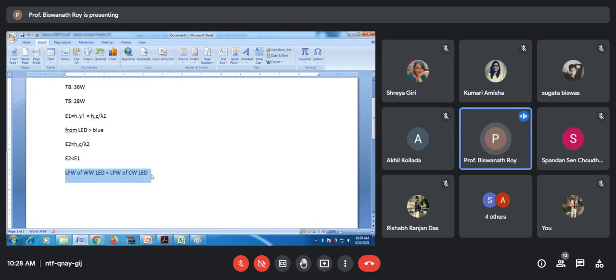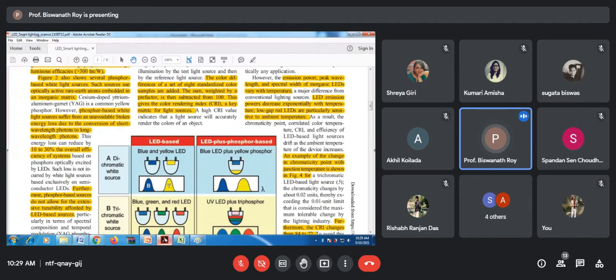And see in the market, commercially available, when you go to lamp shops you will see this. So most of the retailers of LED lamps, you will find the cool white LED. Very rarely you will get warm white LED, because lumen per watt for warm white LED is less than that of cool white LED.